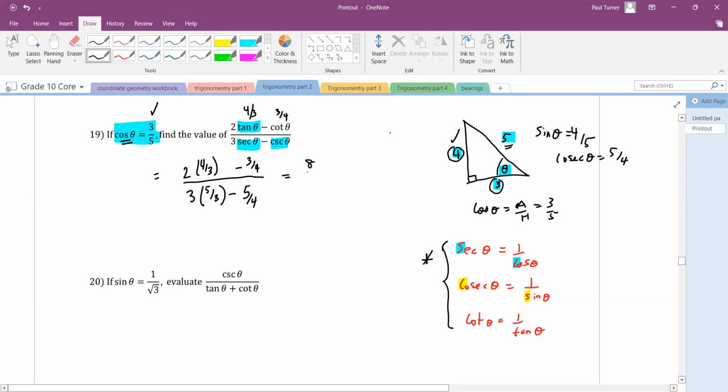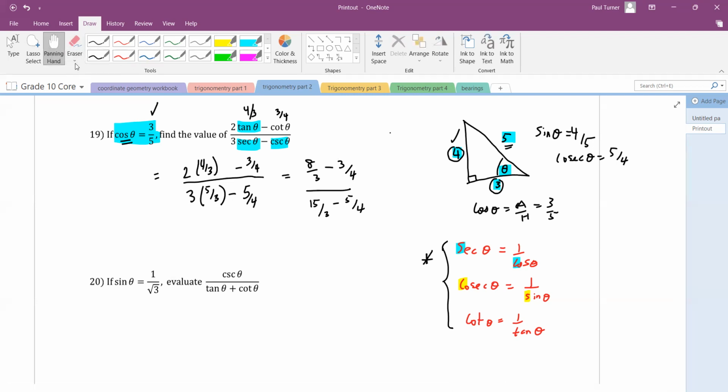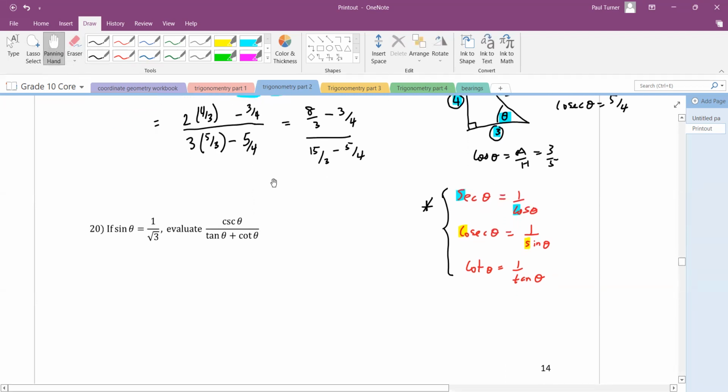So 2 4s are 8 on 3 minus 3 on 4, over 15 on 3 minus 5 on 4. So don't start cancelling anything here. It looks like I would try to get common denominators in the top then in the bottom. So it's looking like we've got 3 and 4, so we can convert this to 12, can't we?